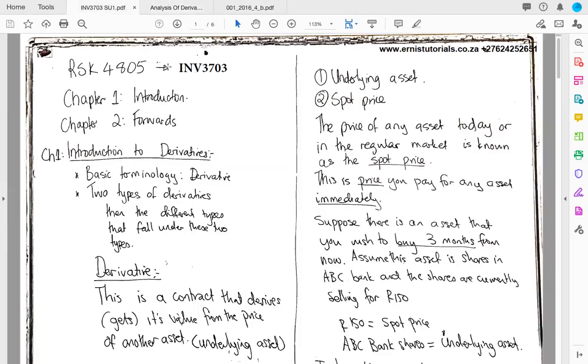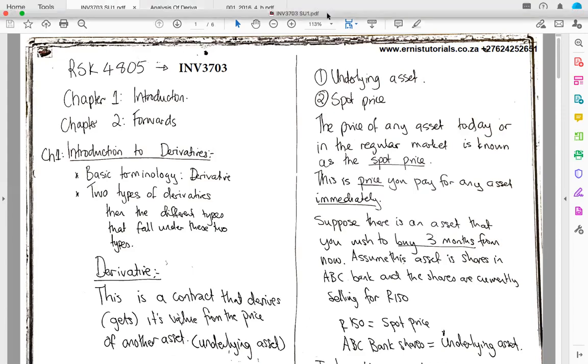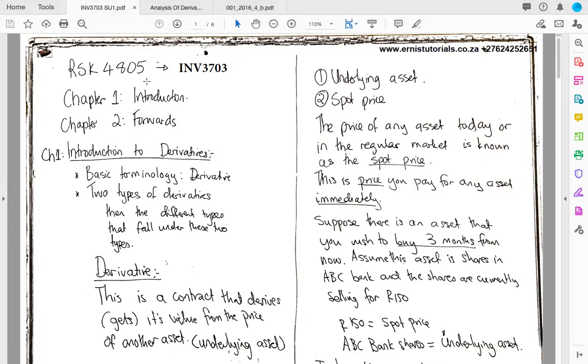And also you're going to notice that as I go through this module, I will be referring to some material from a module called RSK 4805. RSK 4805 is a post-grad module which covers some of the concepts in analysis of derivatives.